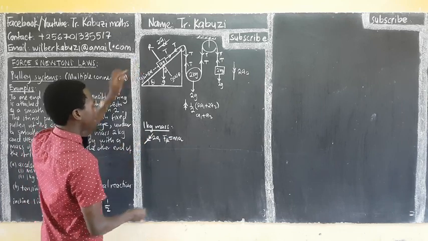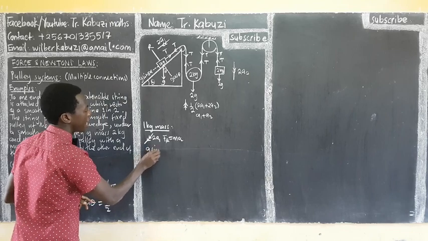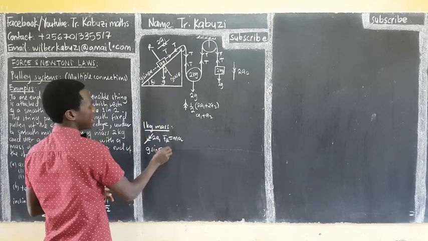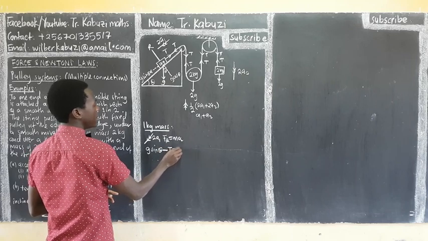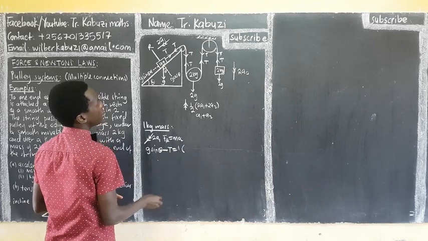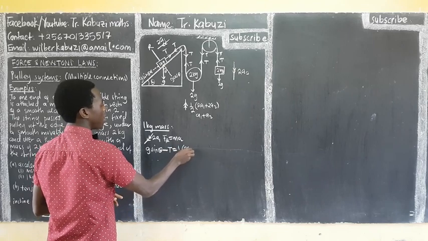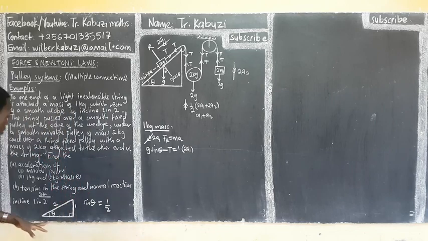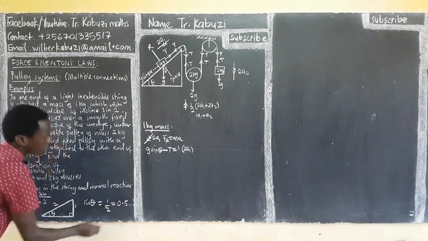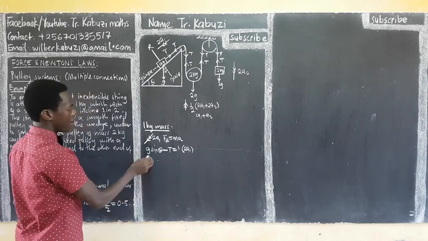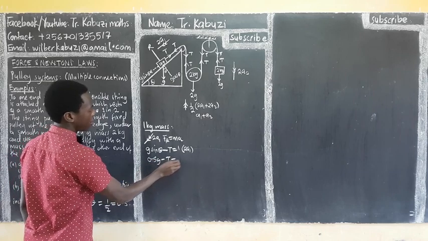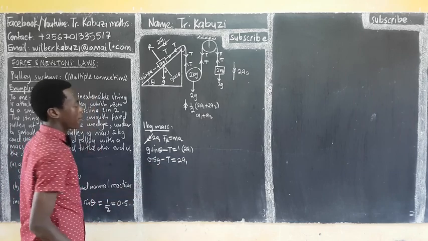We have B sine theta, then minus T, the force opposing it, equal to the mass, which is 1, times the acceleration, which is 2A1. But sine theta is going to be a half, which is 0.5. So putting it here, we have 0.5B minus T equals 2A1.